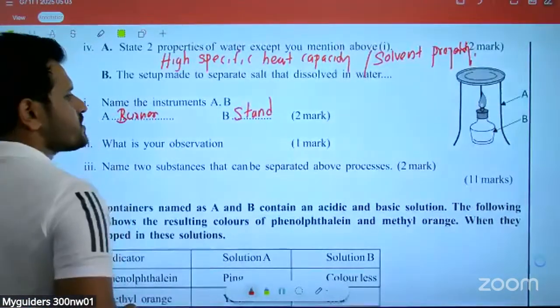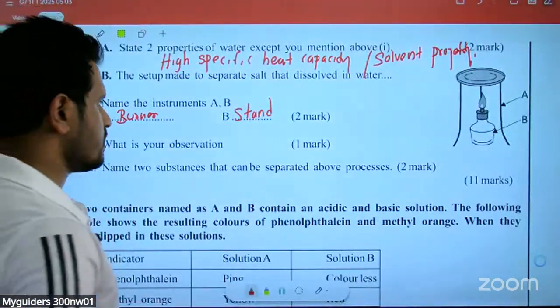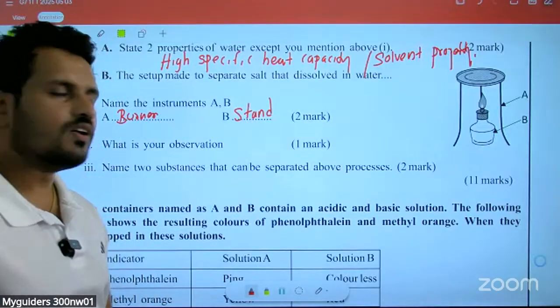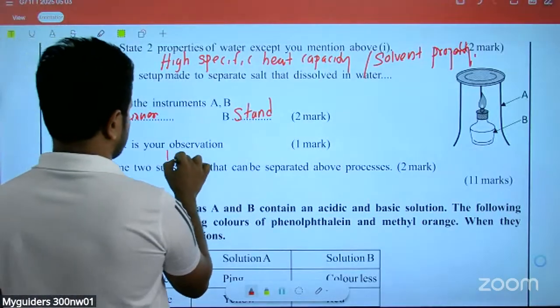What is your observation? What is your observation?